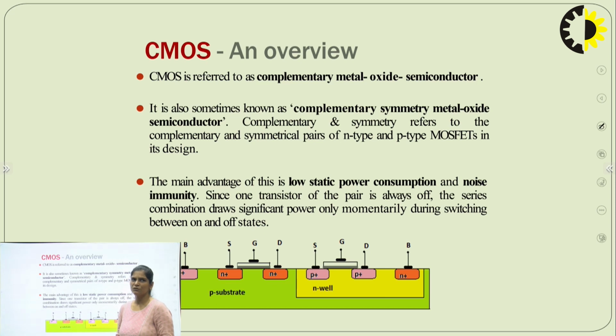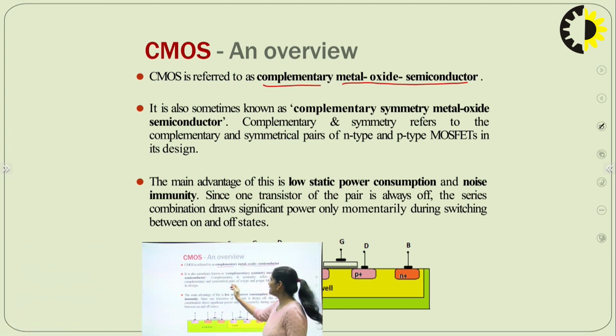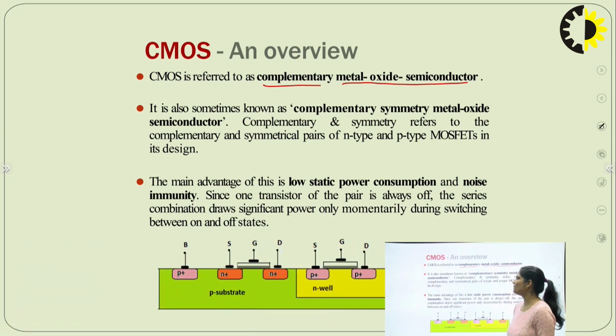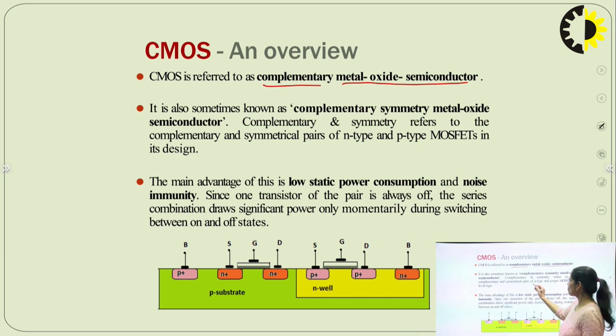Now, the CMOS overview. CMOS stands for complementary metal oxide semiconductor, and it is also known as complementary symmetry metal oxide semiconductor. Complementary and symmetry refer to the complementary and symmetrical pairs of N and P type MOSFETs in its design.